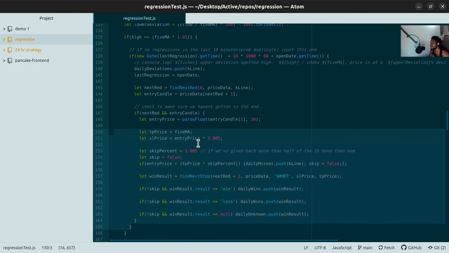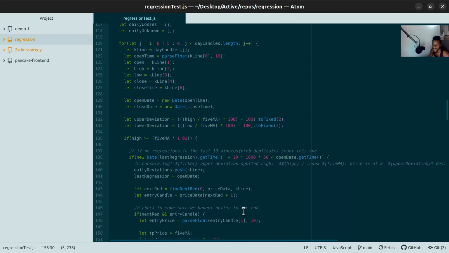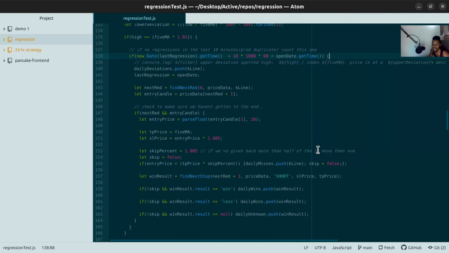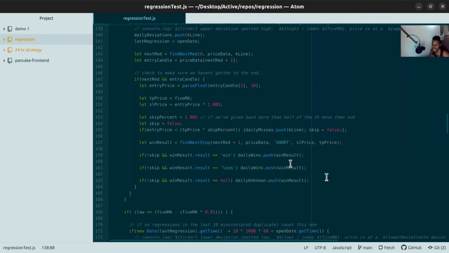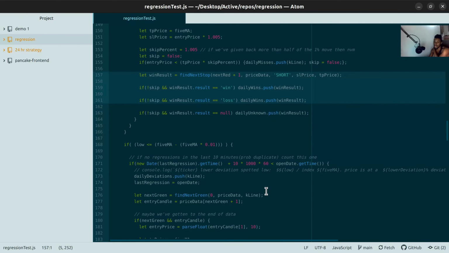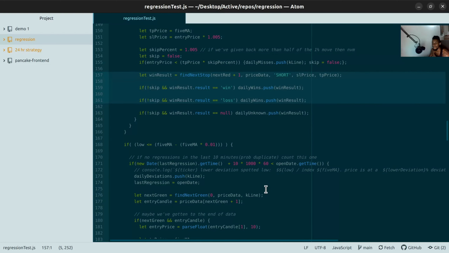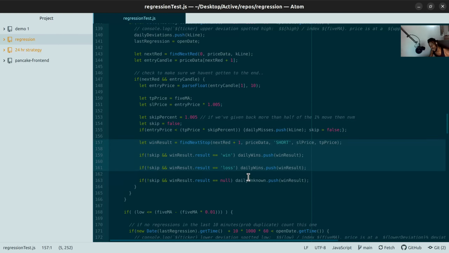So maybe I did wins-losses or losses-wins. Right here is where we calculate our losses and wins, and I'm looking in that function to see if I made a simple mistake.